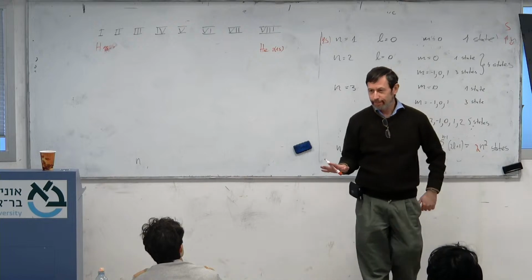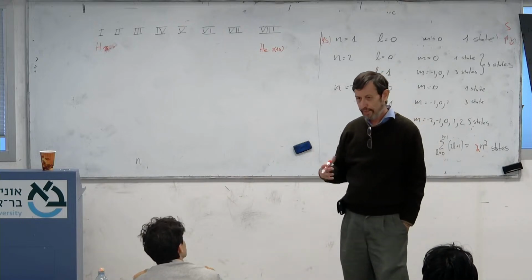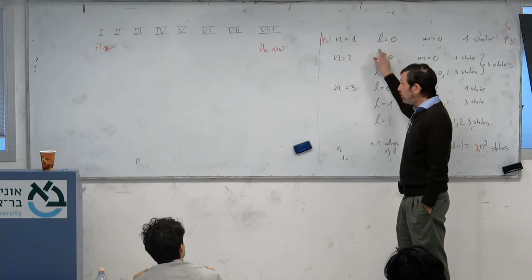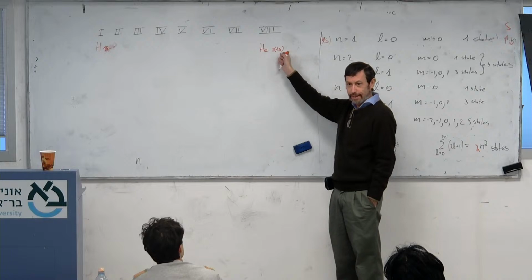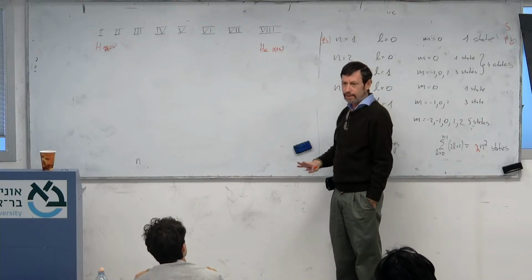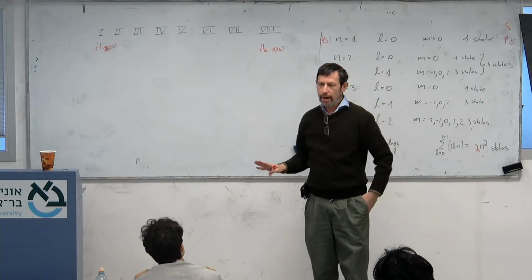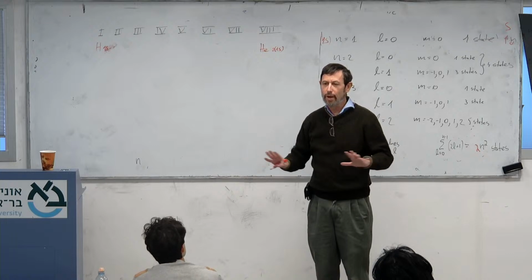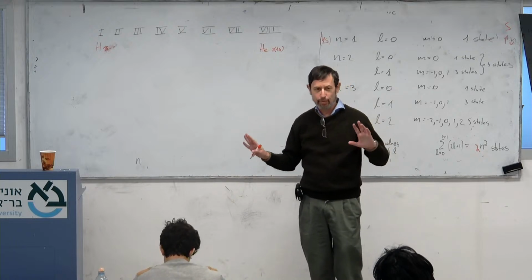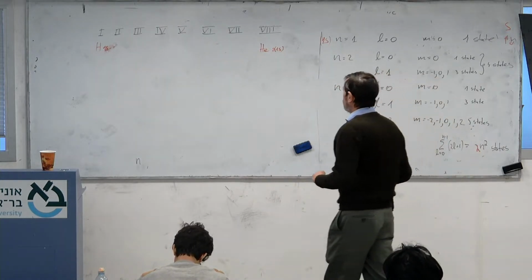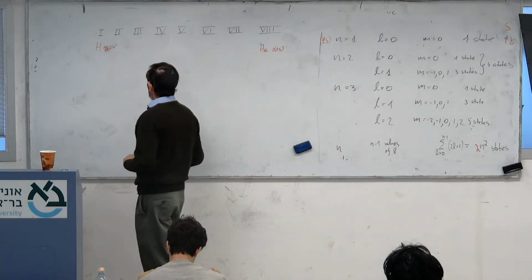Rule of thumb, which can be proved: when a shell is closed, and this is called a shell. What do I mean closed? It has full electron occupancy. The atom is happy, it doesn't want to do any chemistry. In a moment we'll explain what is chemistry.